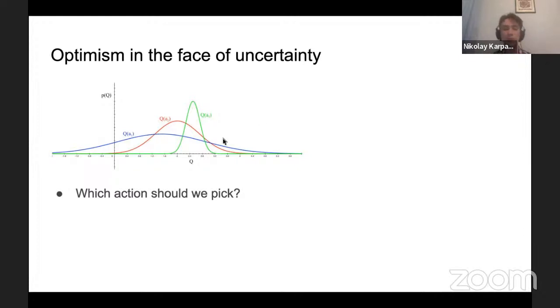So we can look at the 95 percentile of each distribution and see that the percentile of the green action is not very high, but the blue action, even though we know not a lot about it and the expectation is lower than the green one, there is a chance that the blue action actually is greater than the green one.